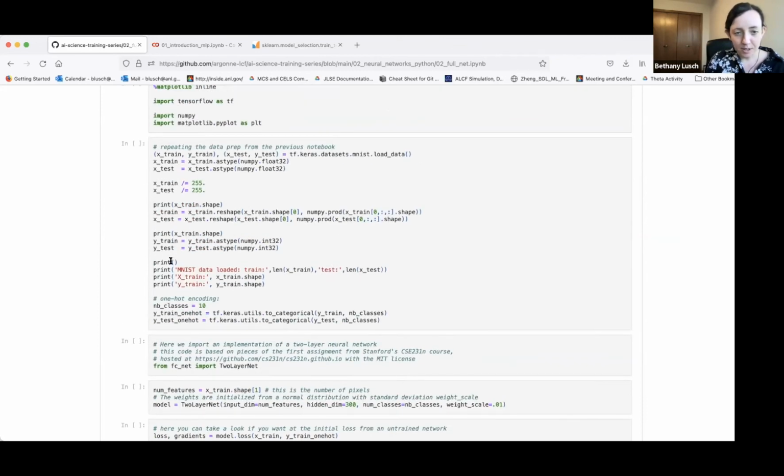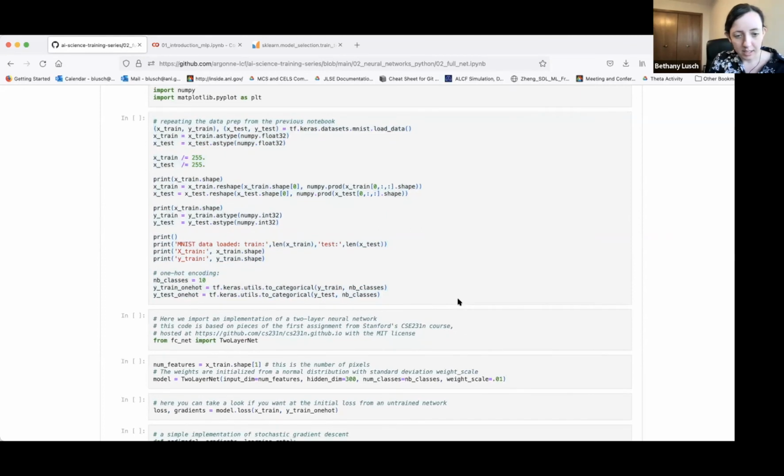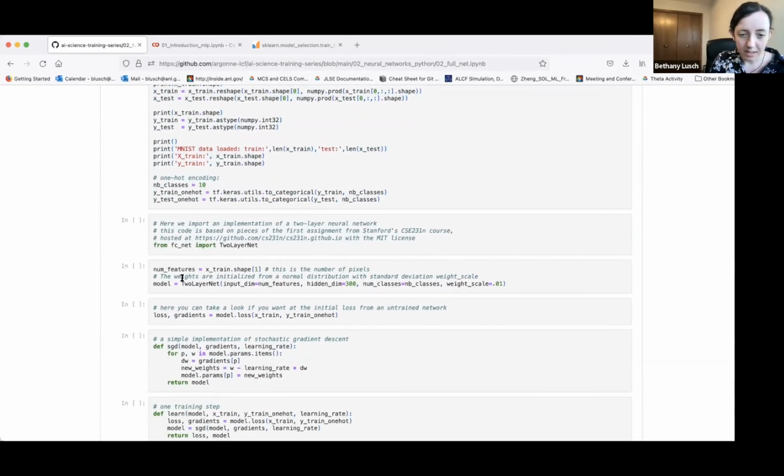So in this notebook, we import MNIST again. These are all the same pre-processing lines. But now you can use this nonlinear neural network. It has 2 layers, one hidden layer. And here you can decide how wide to make that hidden layer.